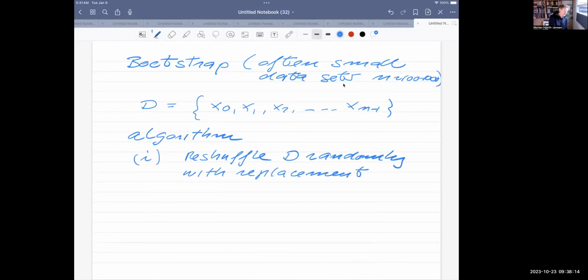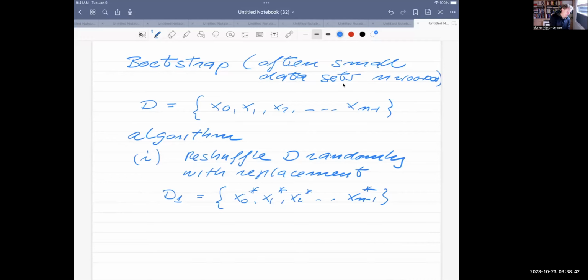That means that we are going to produce a new data set, D1, which is going to be given by some x0 star, x1 star, x2 star, up to xn minus 1 star. So we have reshuffled the data set, and then we pick new variables, D1, with replacement.